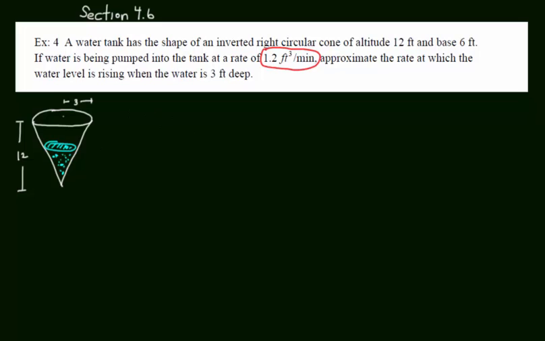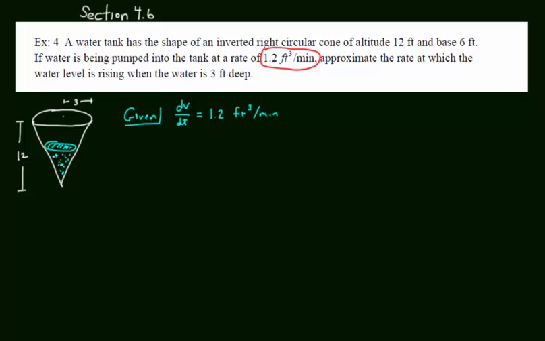So number 1, what is given in the problem? We're talking about the water, so we're going to continue to write this in the blue color. The volume of the water is increasing. It tells us that water is going in at a rate of 1.2 feet cubed per minute. So the rate of change of volume with time, dV/dt, is going to be a positive 1.2 feet cubed per minute.